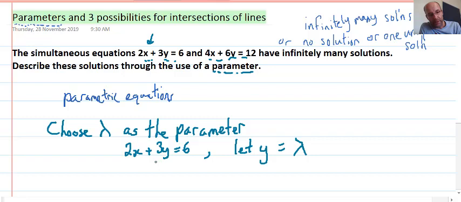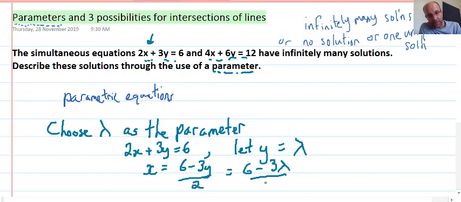So that would mean that to get a parametric equation of x, which describes the line, once we've made that substitution, we would need to go 6 minus 3y over 2, which is 6 minus 3 lambda over 2.